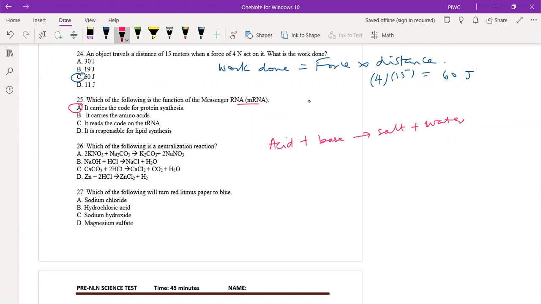B, correct. Sodium hydroxide, that's the base. HCl, that's the acid. NaCl, salt, and this is the water, correct.